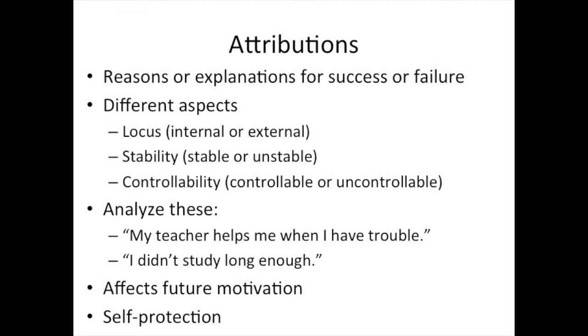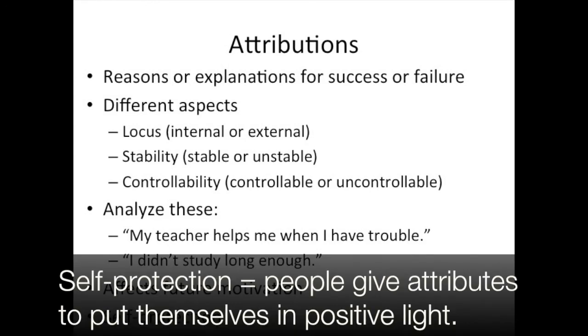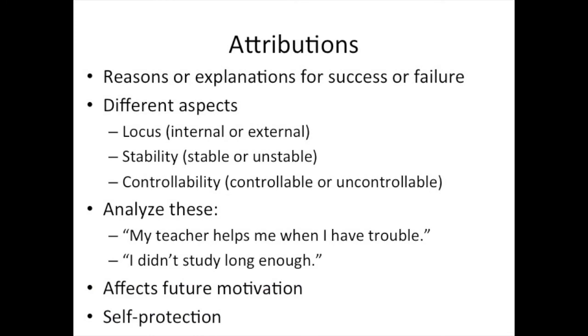So a person might say, well, that quiz was too hard, it didn't cover anything we talked about in class. Well, it might, but if they hadn't done the work, then they're going to say that. Partly because of self-preservation. The idea that people will give attributions in order to preserve their thinking about themselves, usually in a positive manner.